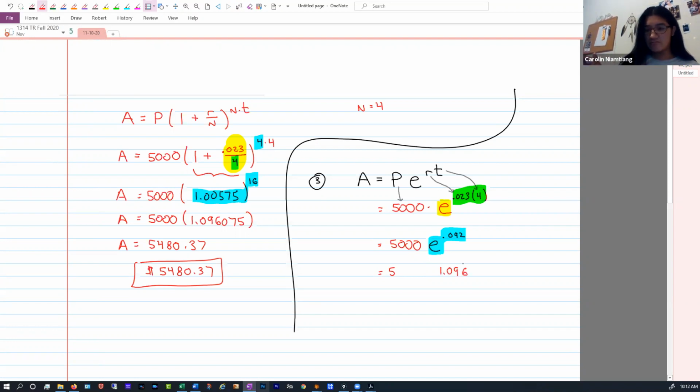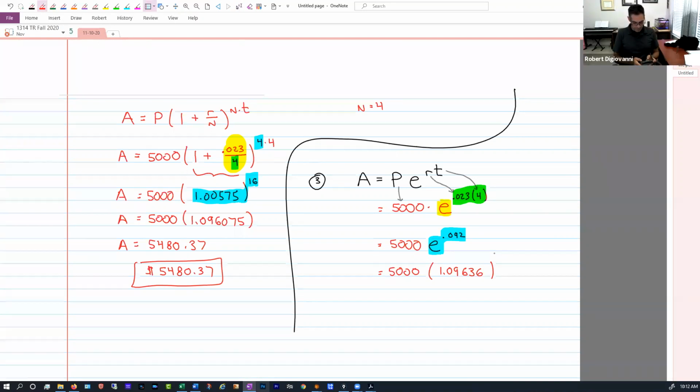That's what I got. Okay, that's good. My calculator goes a little bit further than that, but I'll stick with that. And now multiply that times 5,000. And we're going to get $5,481.80. And that's our answer.